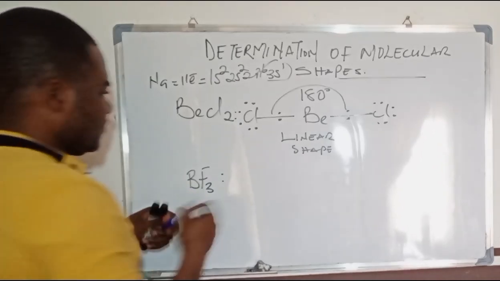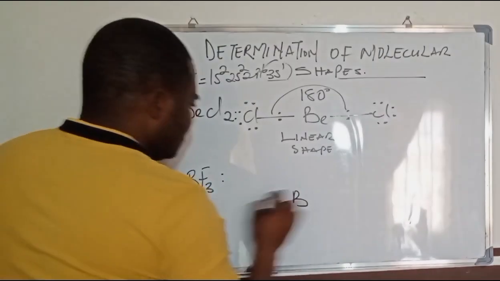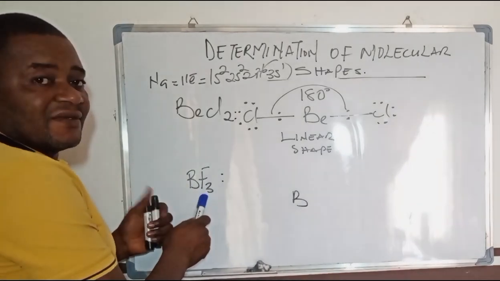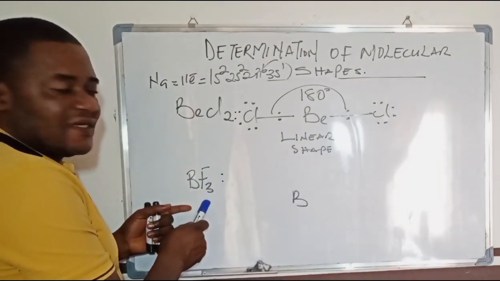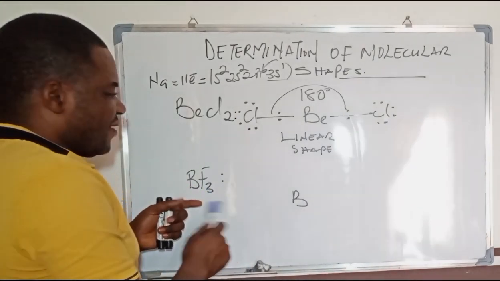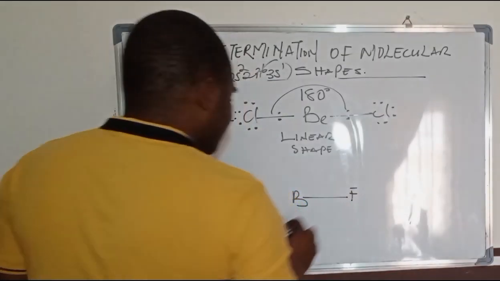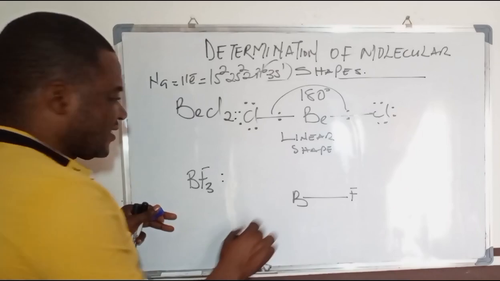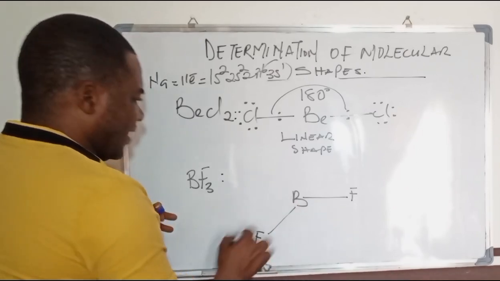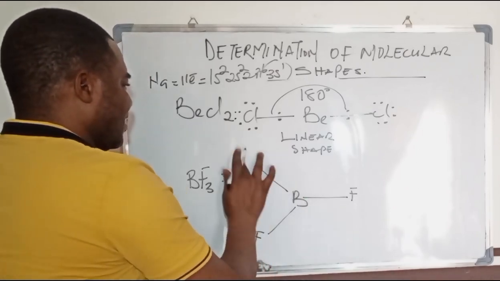Is boron. So we have boron. Now there are three fluoride atoms that are attached. Now in this way, you are going to have fluorine atom, okay, attached that way. You're going to have another fluorine atom and another fluorine atom.